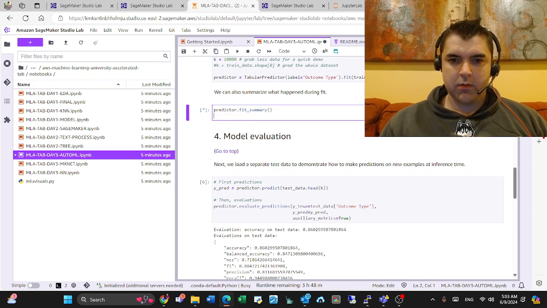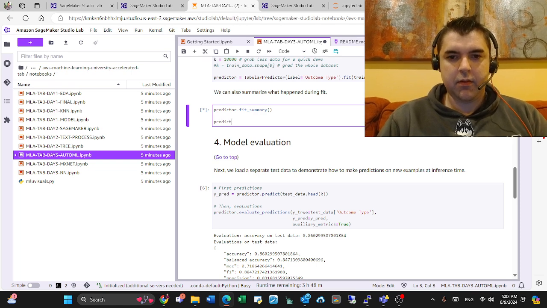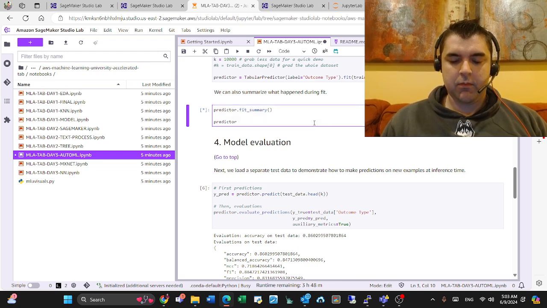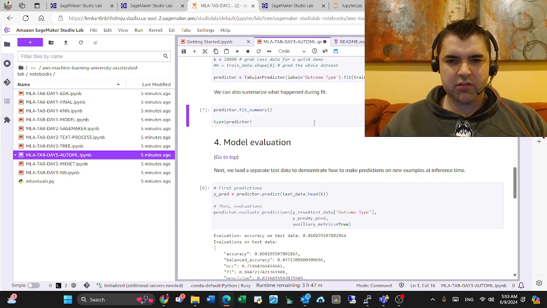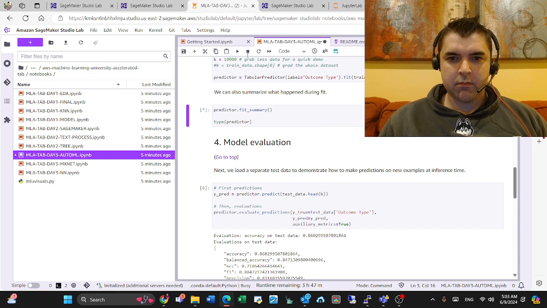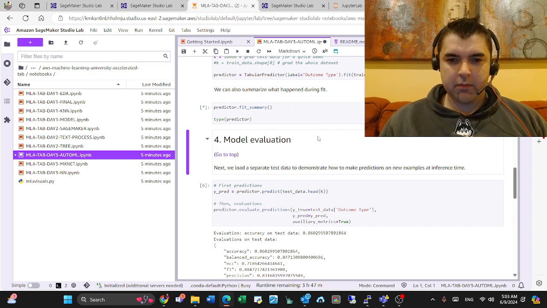Okay, what is this? What type is it? This isn't running. It's not giving me anything.